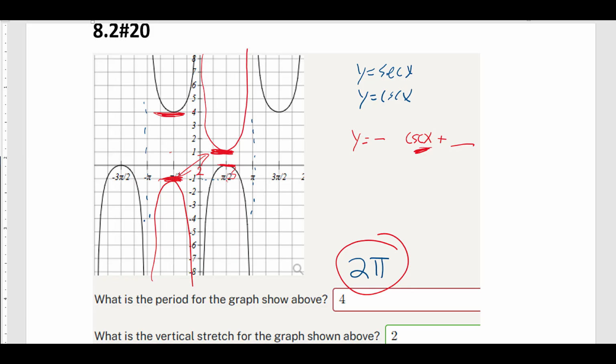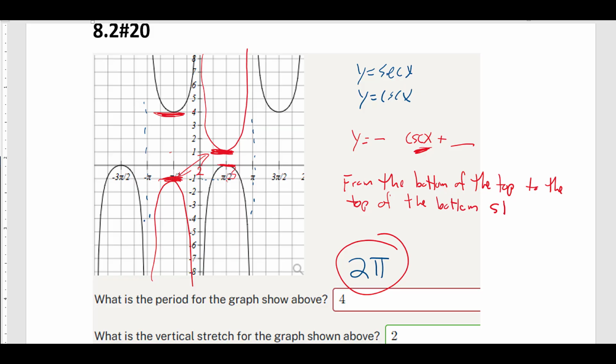But what would first apply would be the stretch and then the shift. So thinking about that, what do we say? It's normally from the bottom of the top to the top of the bottom, if that makes any sense.